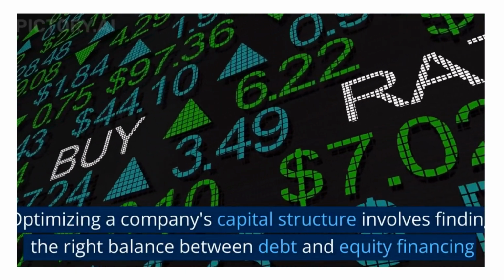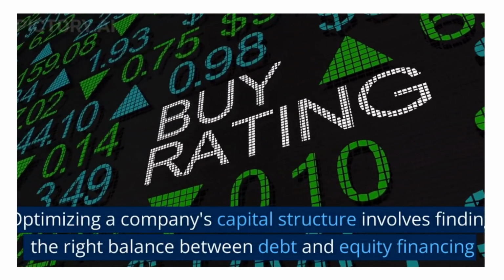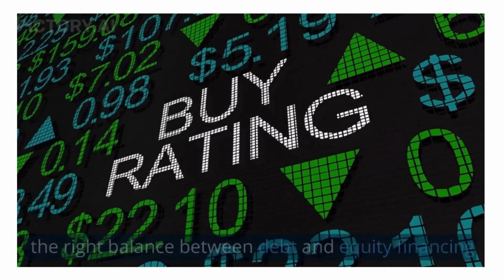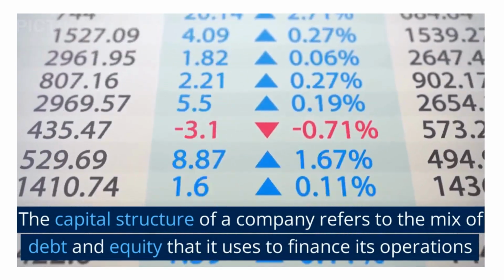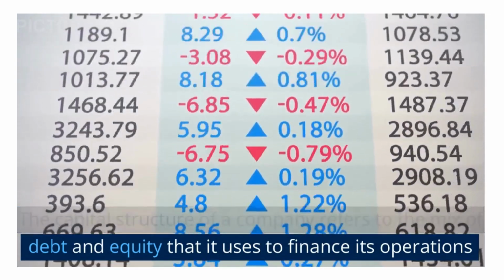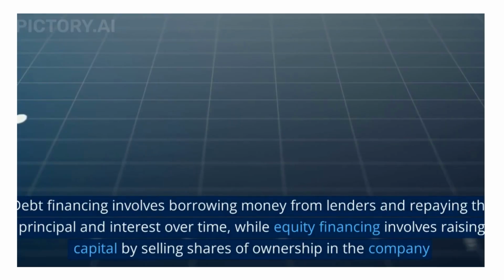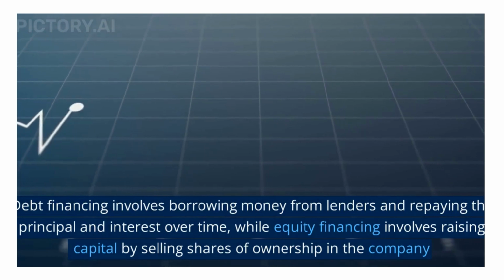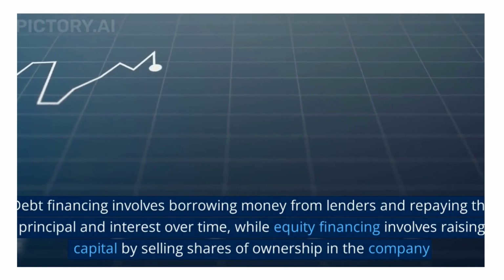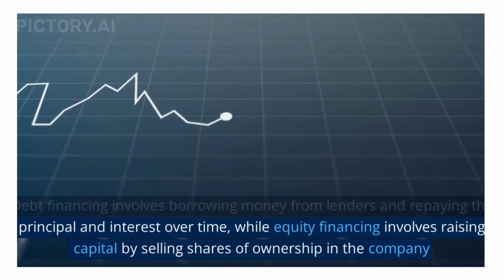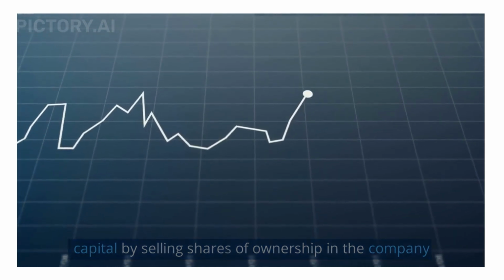Optimizing a company's capital structure involves finding the right balance between debt and equity financing. The capital structure of a company refers to the mix of debt and equity that it uses to finance its operations. Debt financing involves borrowing money from lenders and repaying the principal and interest over time, while equity financing involves raising capital by selling shares of ownership in the company.